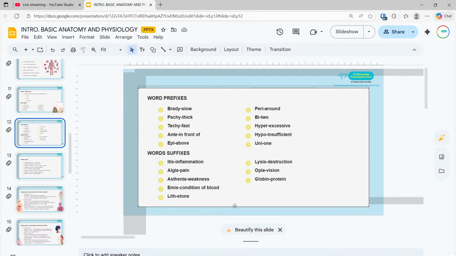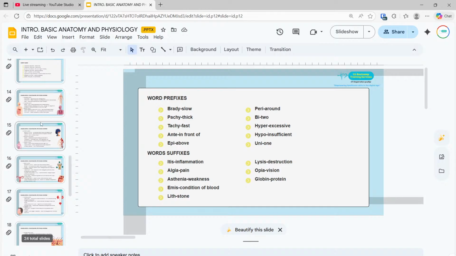And then for the word suffixes, we have itis means inflammation, algia means pain, asthenia means weakness, emia is condition of blood, and lith is stone. We have lysis that means destruction, opia means vision, globin is protein. All right.